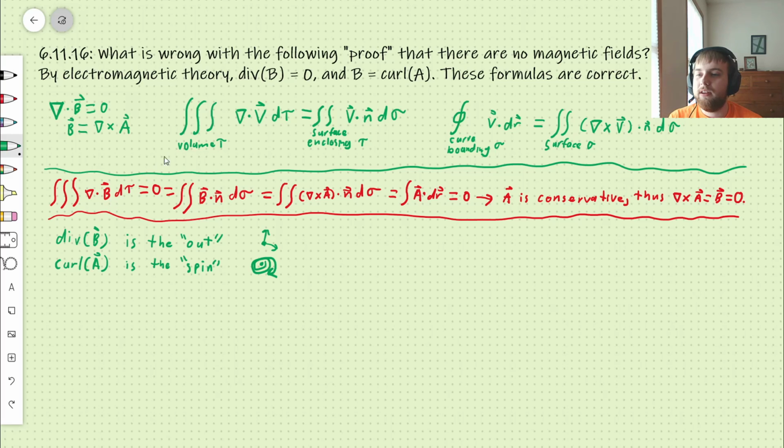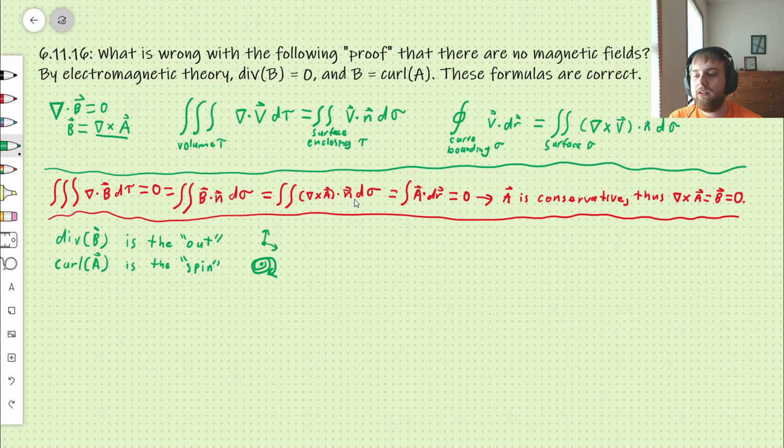If our divergence is 0, the sum is going to be 0. And then we just plug in this side of the equation, and we substitute in for B, this here.